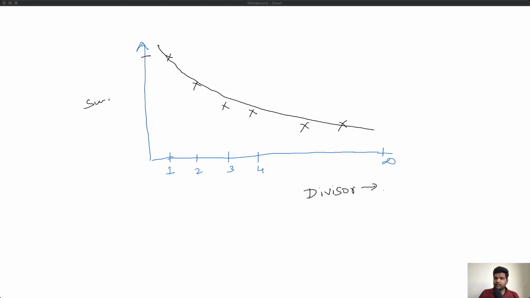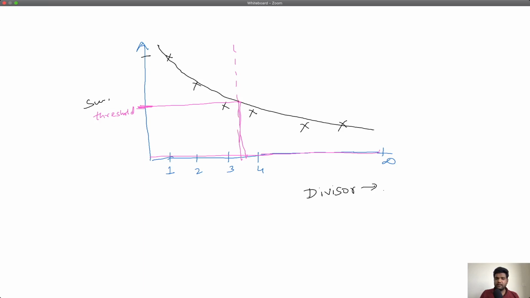Now let's plot the threshold here somewhere. You know that the threshold will be somewhere here, you don't know where. Now you can easily see that out of this entire space of divisors, some of these divisors give you a sum greater than the threshold.